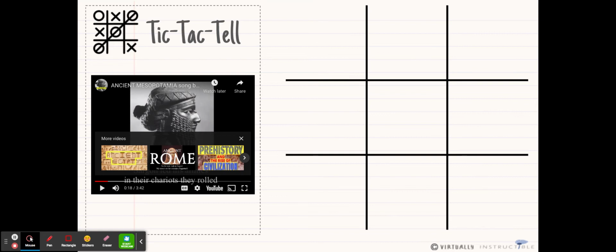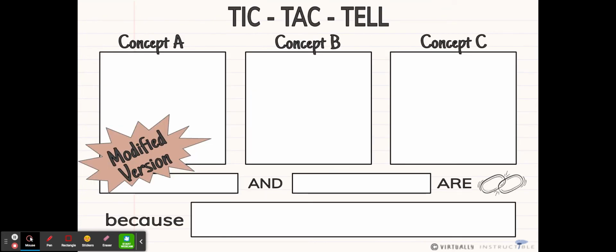So summarize, what did you learn in this song using the three words that you had on your Tic Tac Tell board. Here's a modified version if you want to make it a little bit easier for some of your students. What you would do, instead of giving them a Tic Tac Tell board, you would just go straight to three concepts.